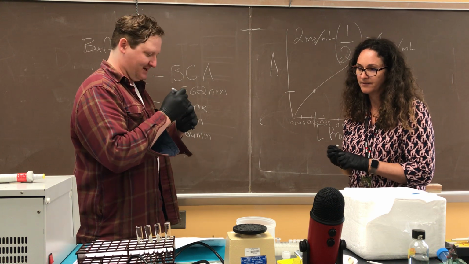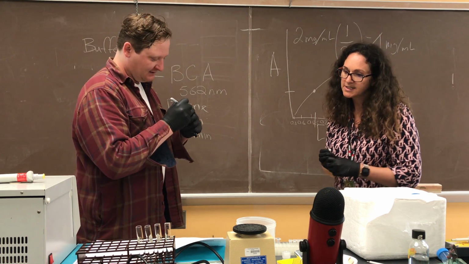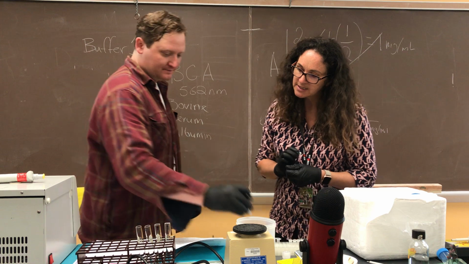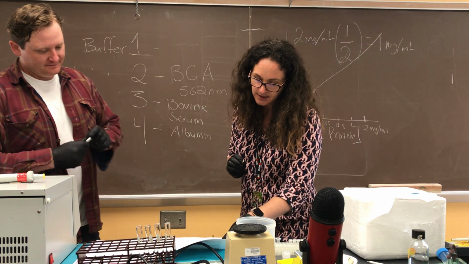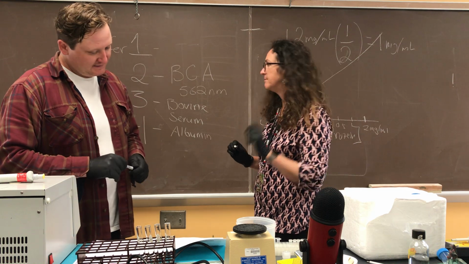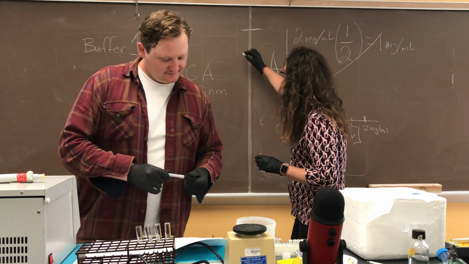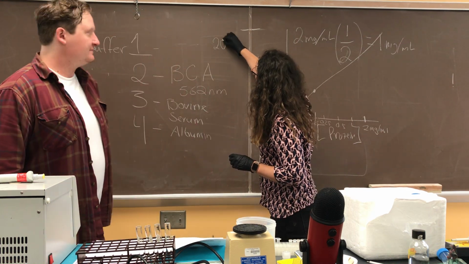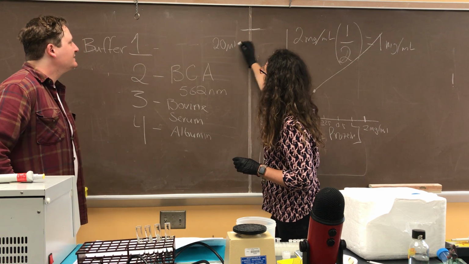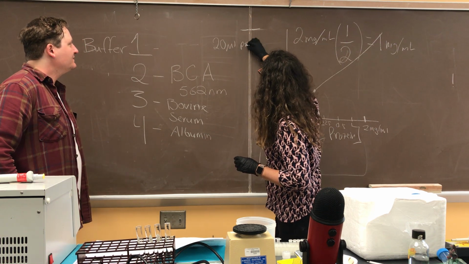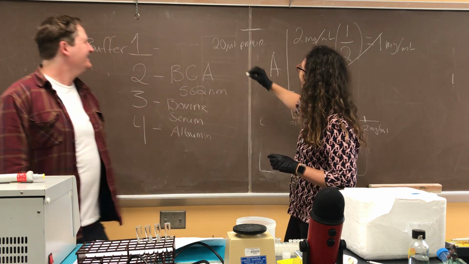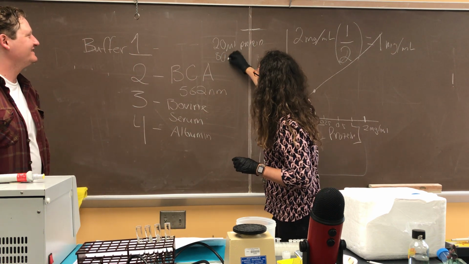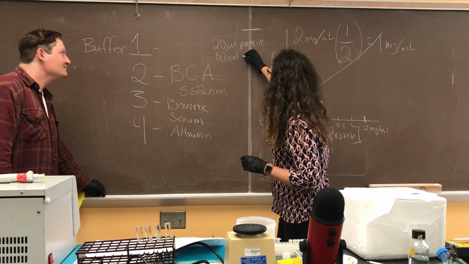To any volume. So the dilution we're going to do here is a 1 in 5 dilution, and so we're going to take 20 microliters of our protein. We're going to add it, so that's of our protein. It's always hard to write across this divider here. And we're going to have 80 microliters of diluent, so solution.